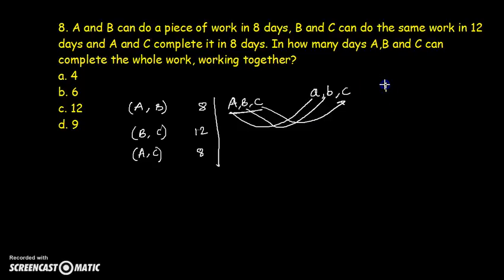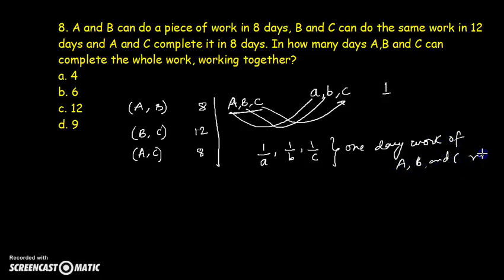Assuming the work to be of 1 unit, we can tell that A's 1 day work is 1 upon A, B's 1 day work is 1 upon B, and C's 1 day work is 1 upon C. Now let us fulfill the conditions which are given in the question.